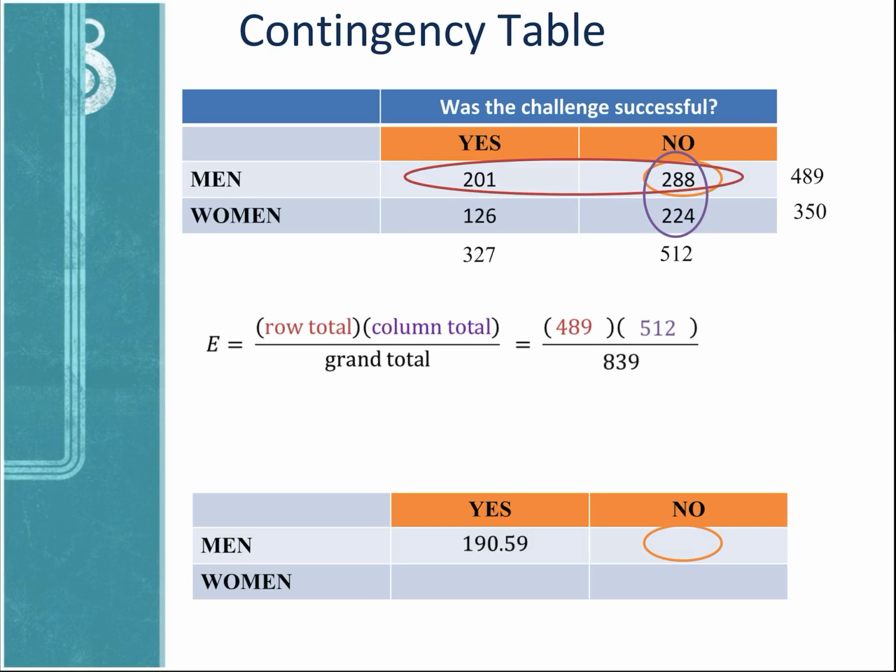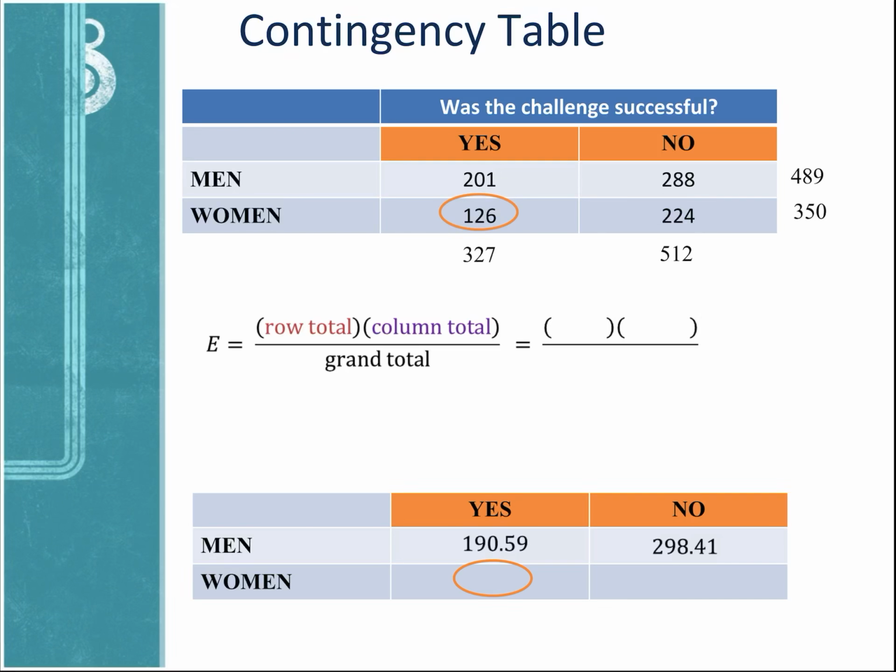Column 2's total, however, is 512. And then the grand total is 839. So when we calculate that, we get an expected value for the men in the no's to be 298.41.